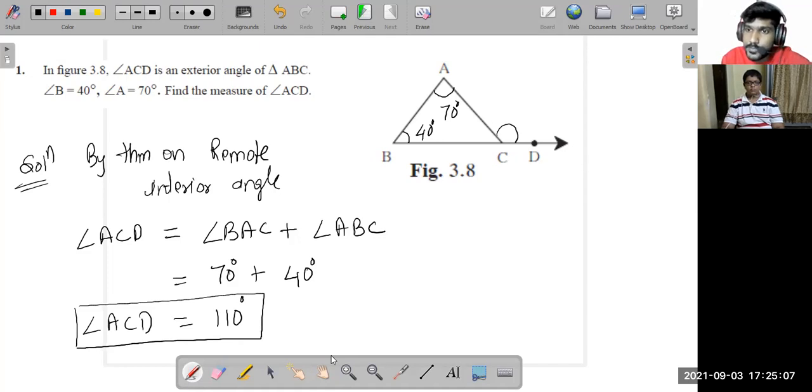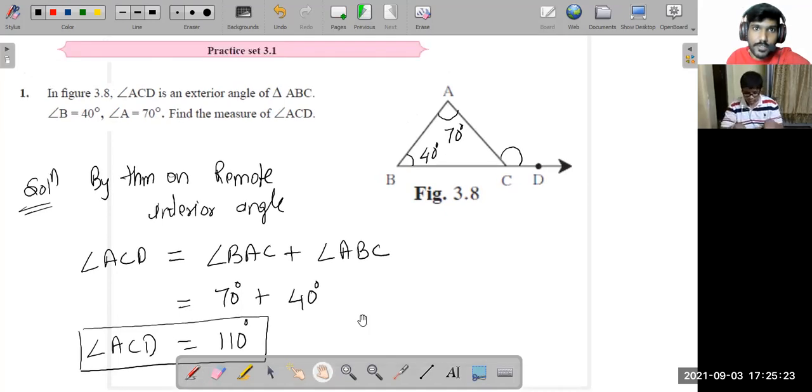Is this sum clear? Write it down. Draw the diagram also. It's okay if you don't write the question, but put a question number, okay? Exercise 3.1, first sum.